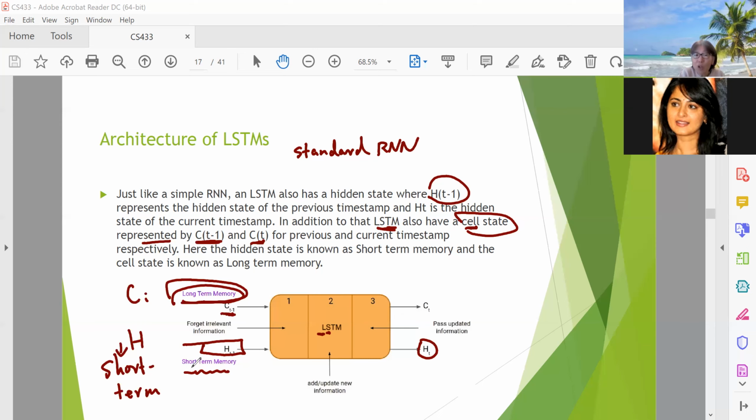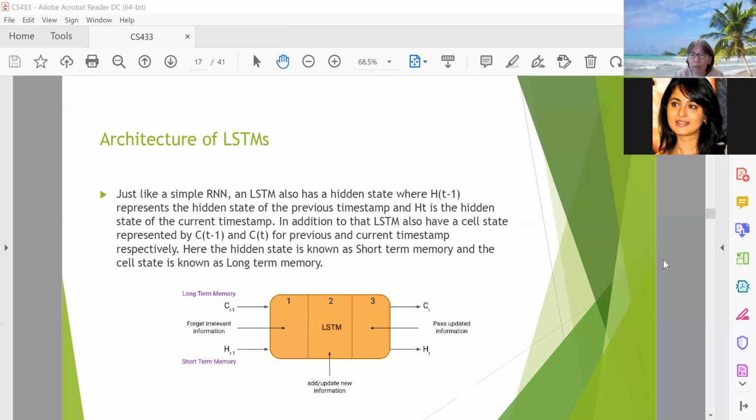So short-term is just regarding previous timestamps' hidden state information. And C is long-term, including all of the previous timestamps' information. And then we ask, how do we do that?